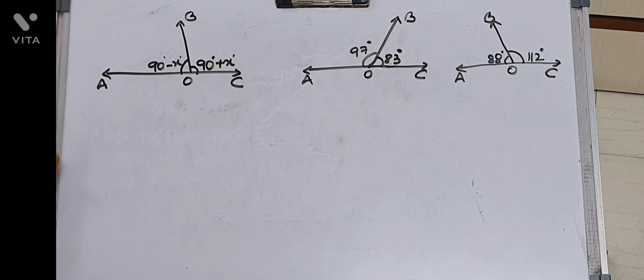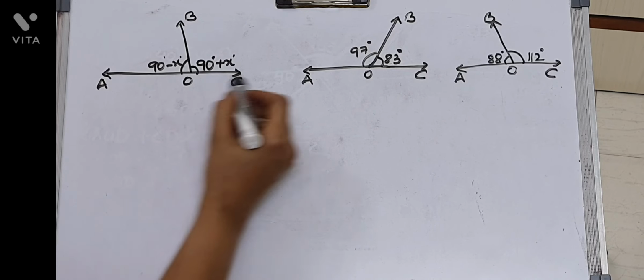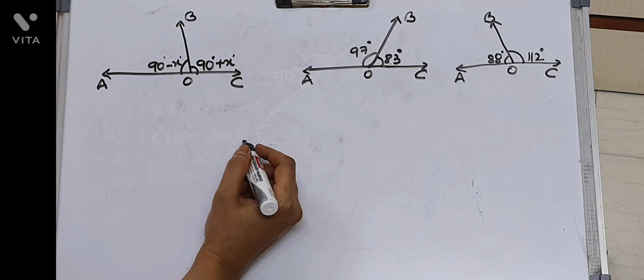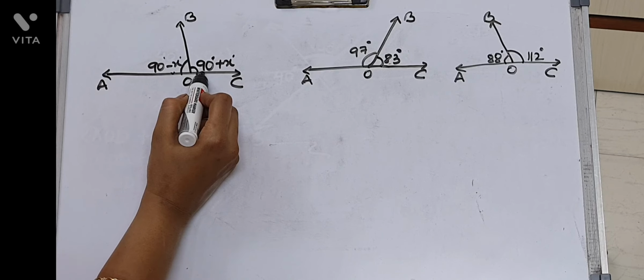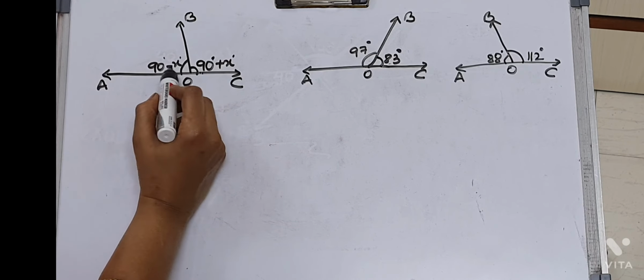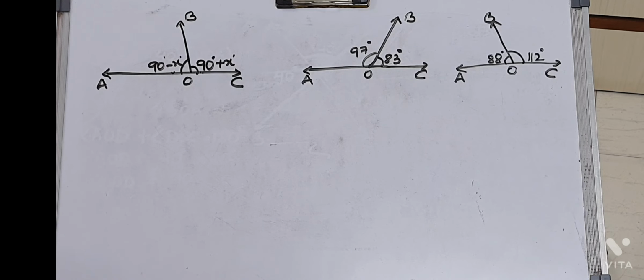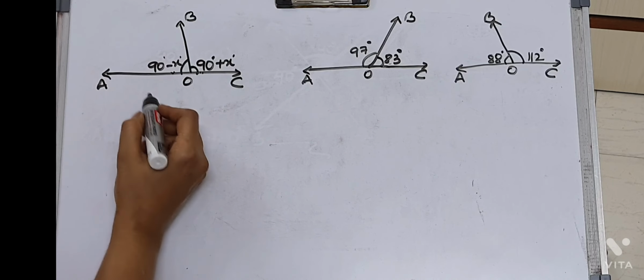Now here I have drawn some figures. My question here is whether these are pairs of adjacent angles, that is, whether they are on the same straight line AC. So let's check one by one. If the angles on a straight line add up to 180 degrees, that means the angles formed on the straight line are adjacent angles, because the adjacent angle sum is 180 degrees.